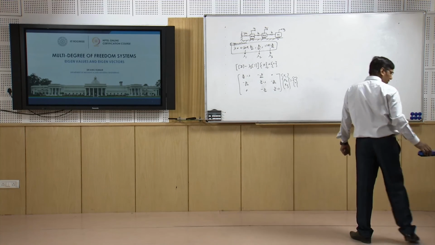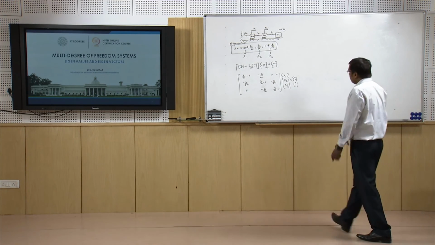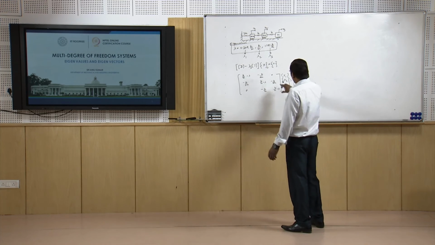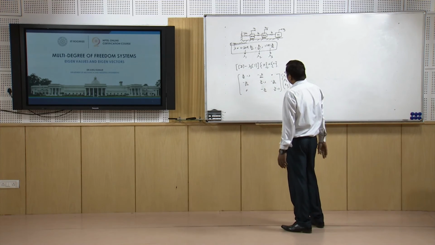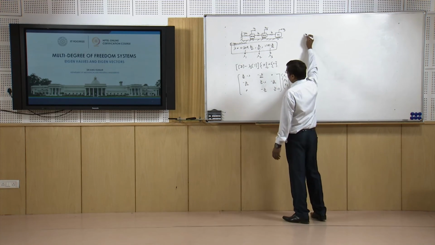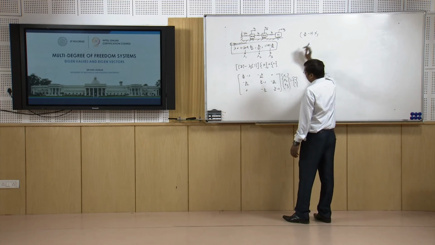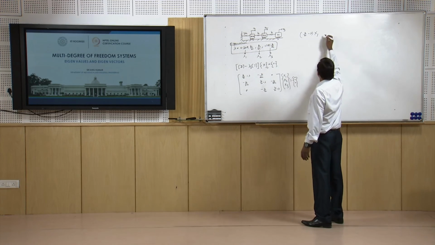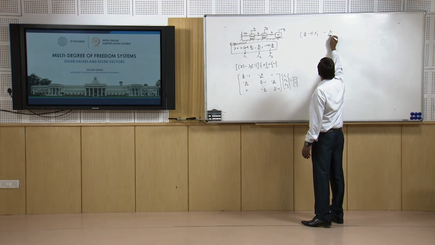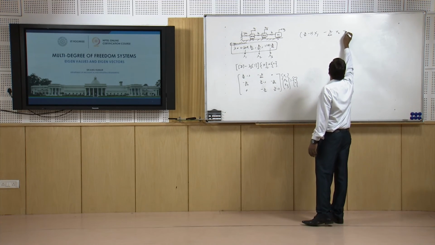So we have this equation, and now we can write these equations like k by m minus lambda x1 minus k by 4m x2 equal to 0.